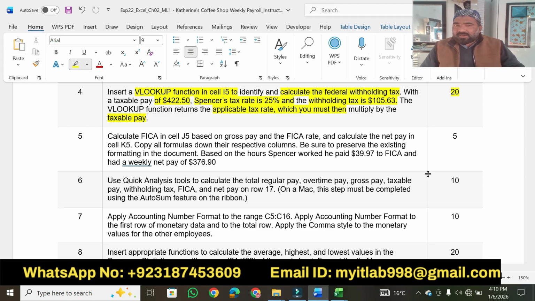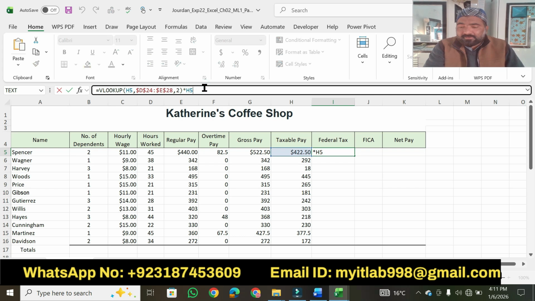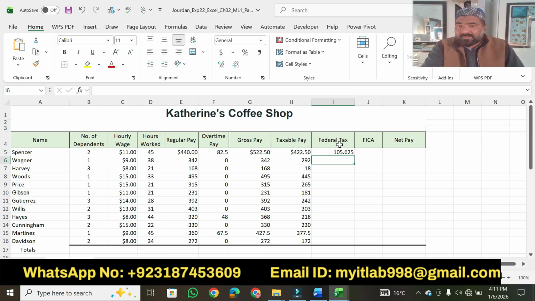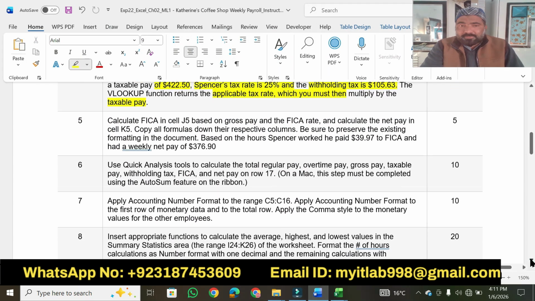With a taxable pay of 422.50, the tax rate is 25%, and the withholding tax is 105.63. The VLOOKUP function returns the applicable tax rate, which you must then multiply by the taxable pay. So after reading the instructions, we just create this formula, and this formula is working, and we get this answer. Okay, so question number 4 is done. Now we are moving toward question number 5.